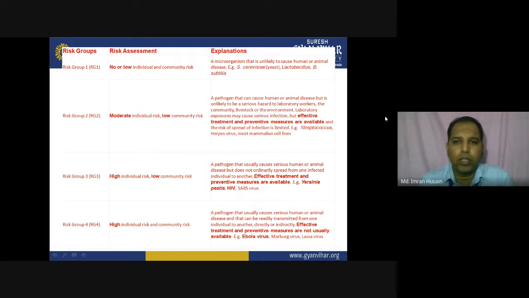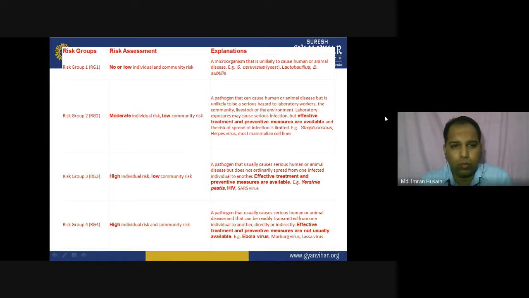If he or she gets infected and goes out to his or her family, and in the process infects other individuals, what are the chances that that particular infection will become a community infection or an outbreak? Is the family at risk, is the community at risk? So all those organisms have been individually categorized in this fashion.